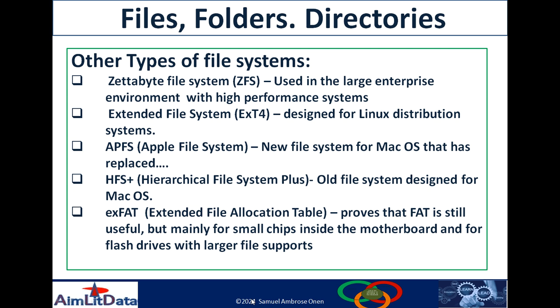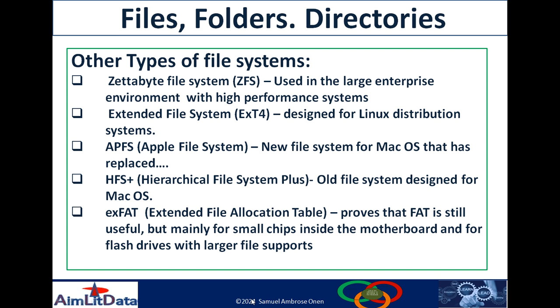And we have hierarchical file system for Mac as well. This one was designed by Apple. It is a kind of like the FAT32 for Windows, but is used for Mac specifically. And then we talked about the extended version of FAT, which is Extended File Allocation Table.